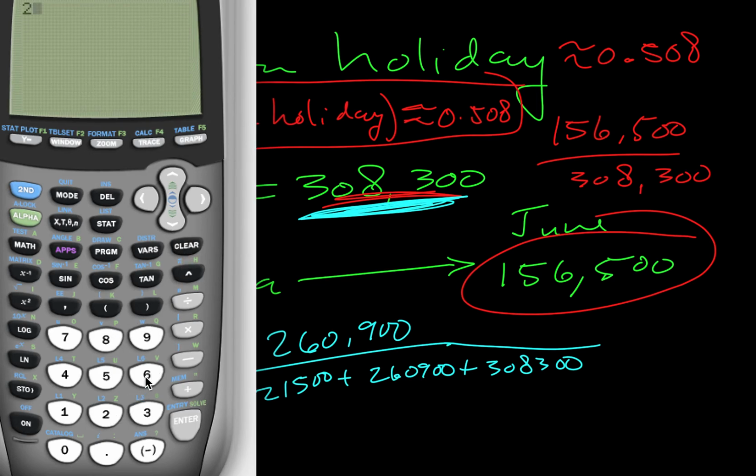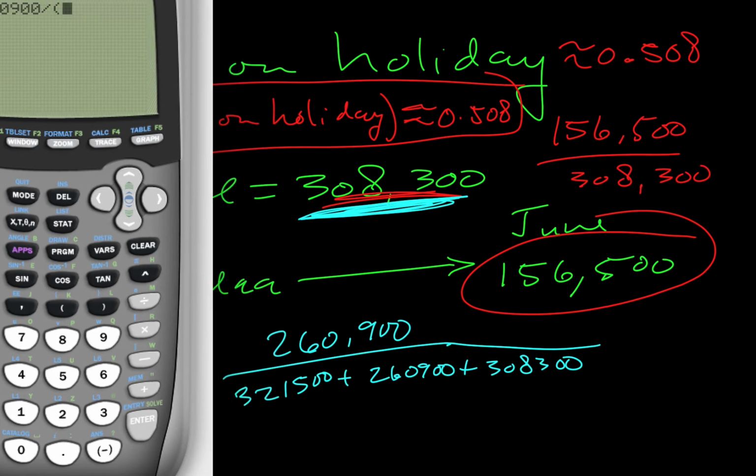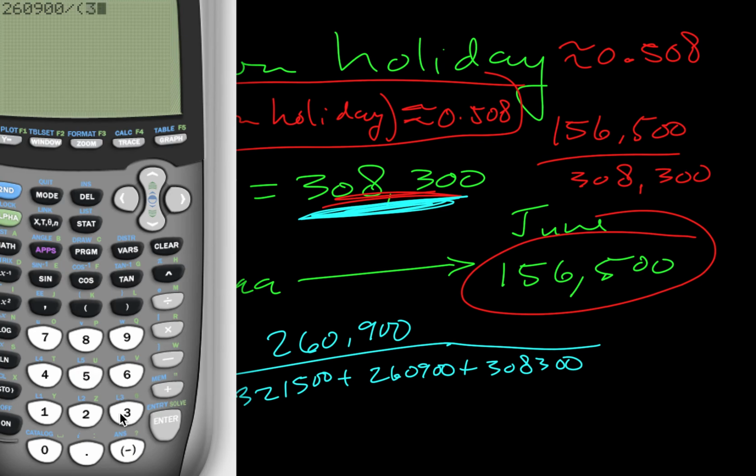So we get 260,900 divided by 321,500 plus 260,900 plus 308,300.